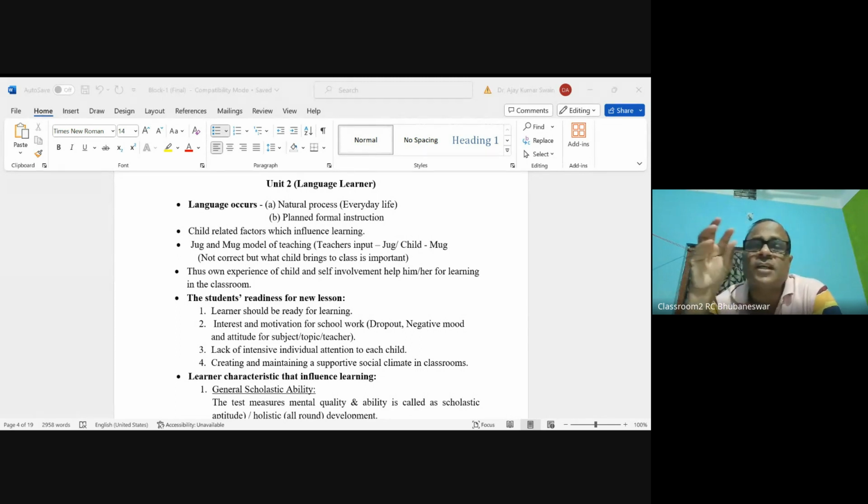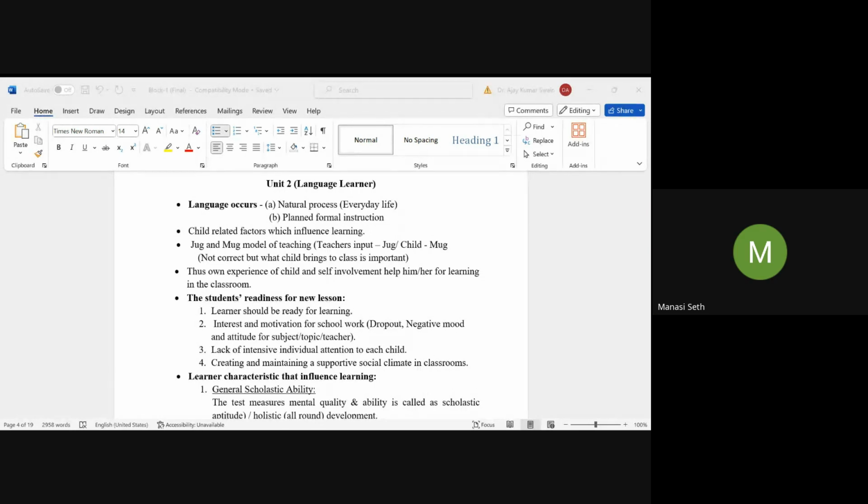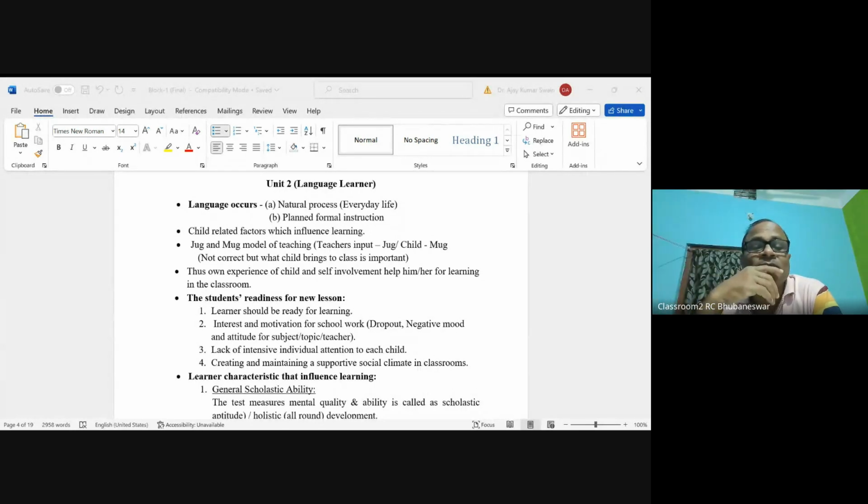So the teacher gives input. Two types of inputs are there. One, the teacher will ask a question and say the answer. But another is when the teacher asks questions, facilitates the child, they have to generate the answer. Which is important? First or second? Second. Second is important.